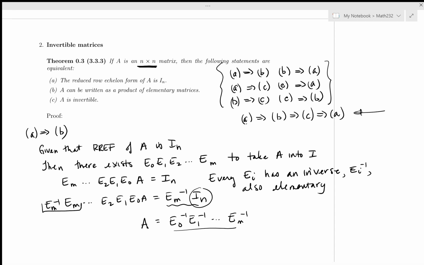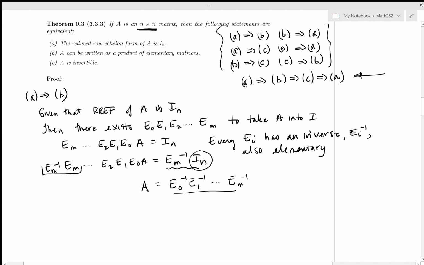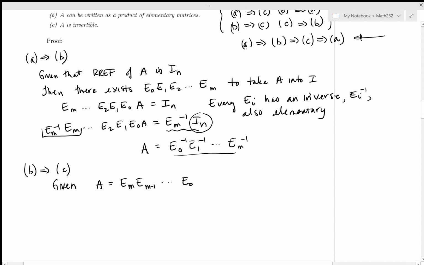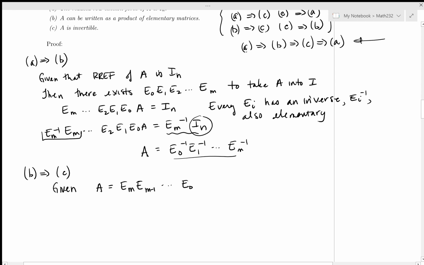So that's A to B. Now I'm going to show B to C. I am now starting with statement B, given that A is a product of elementary matrices. It doesn't matter that it's not the same exact list, but it's a product of some number of elementary matrices. That's what I am allowed to start with.